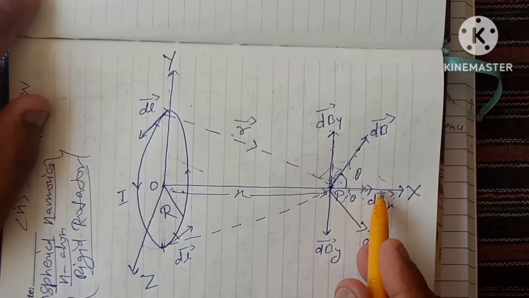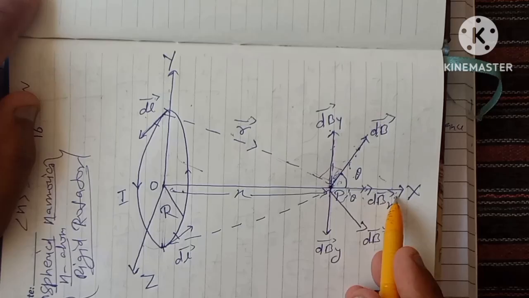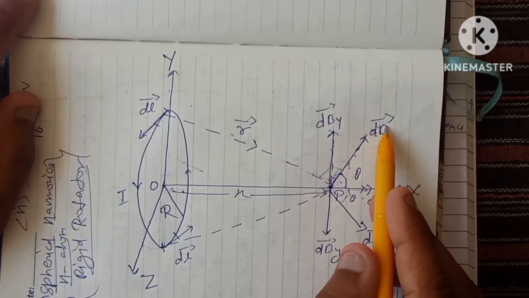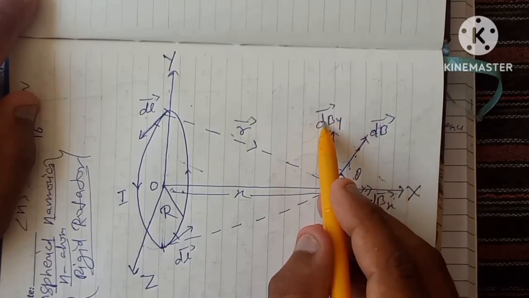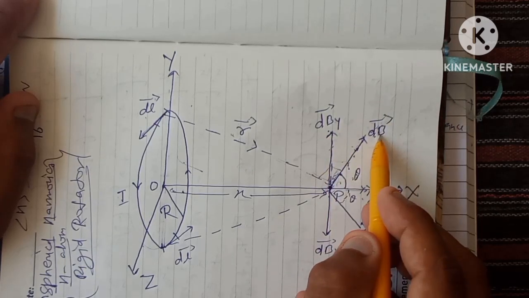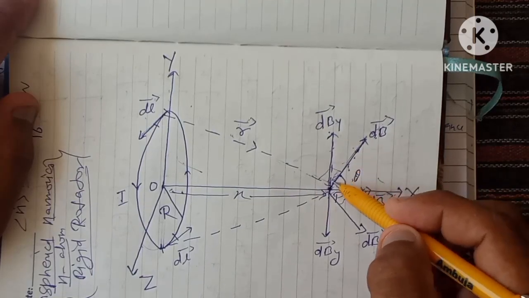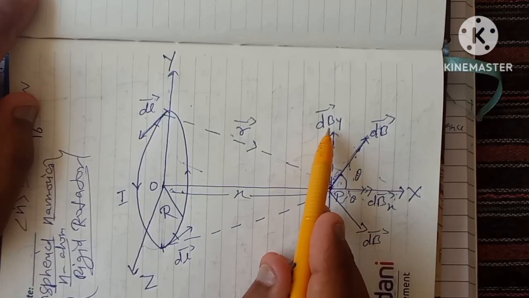What will be the magnitude of this dBx component? From the rule of vector addition, you can clearly see that the magnitude of the dBx vector will be nothing but the magnitude of the dB vector multiplied by cos theta. And the magnitude of the dBy component will be the dB magnitude multiplied by sin theta. So I can represent this dB vector as a linear combination of these two vectors.